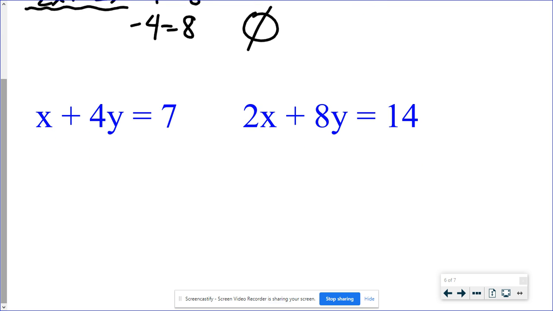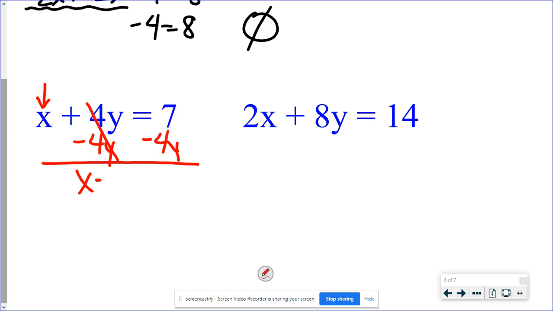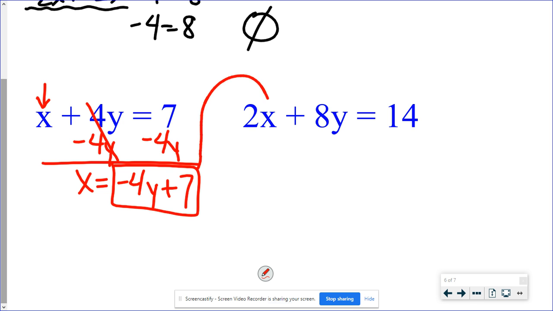So here, let's start with getting this x by itself. Subtract 4y. X equals negative 4y plus 7. That is my x. So I would have 2, and then instead of the x, put this stuff in its place.